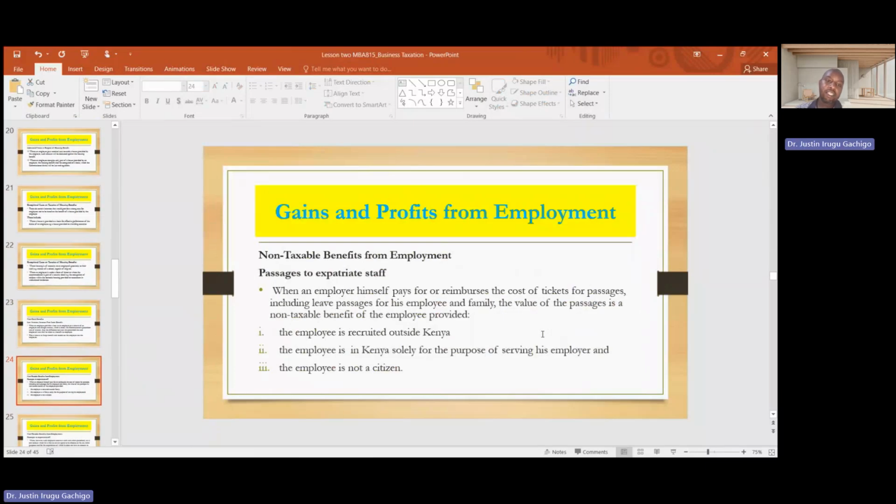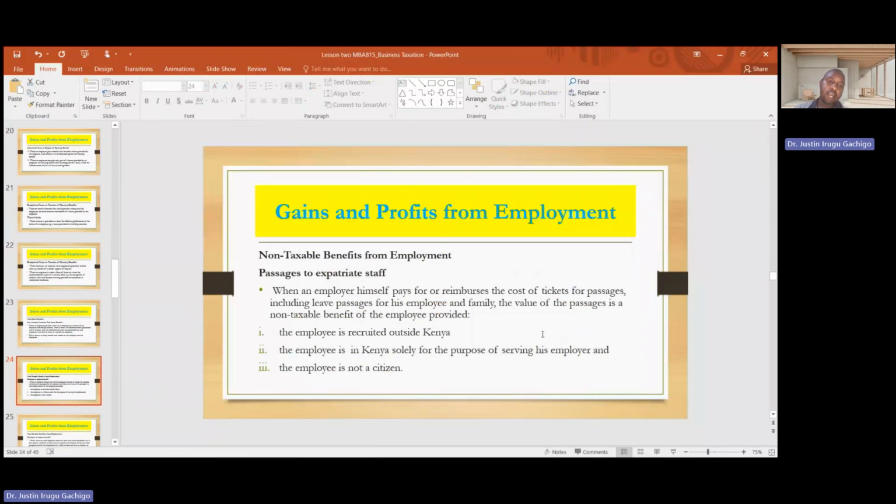Then you have passages to expatriate staff. When an employer himself pays or reimburses the cost of passages, including leave passages for his employee and family, the value of the passage is a non-taxable benefit to the employee provided the employee is recruited outside Kenya, the employee is in Kenya solely for the purpose of serving his employer, and the employee is not a citizen.